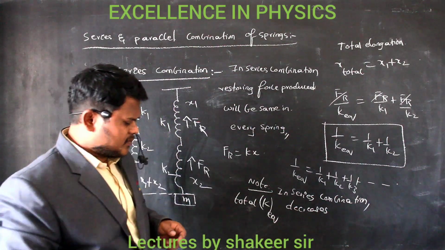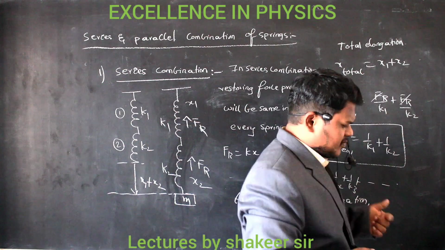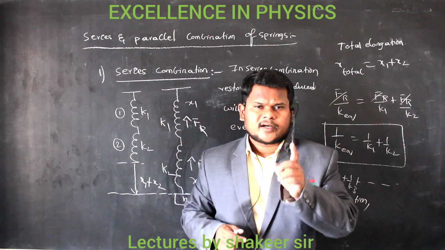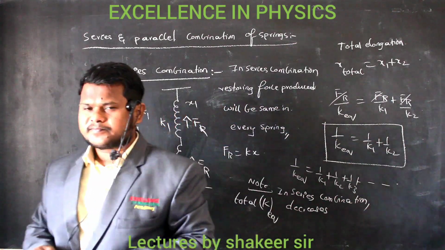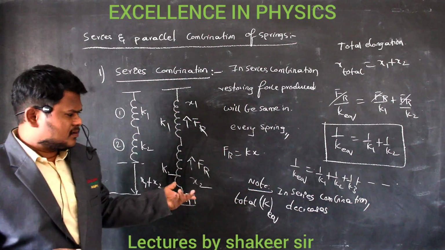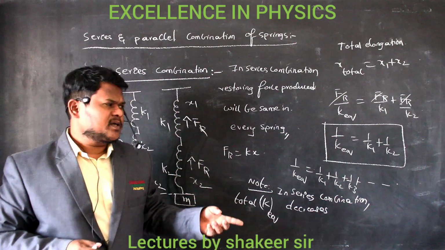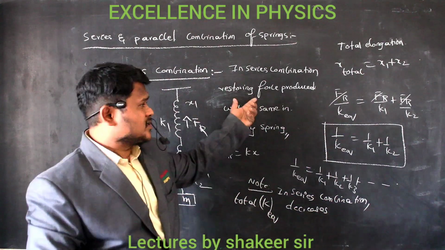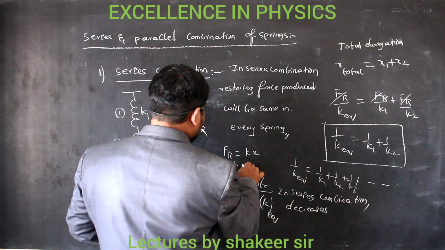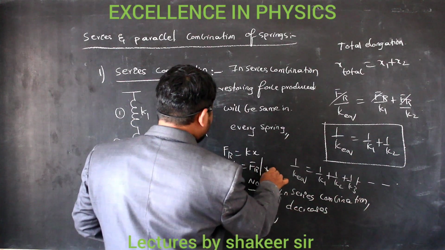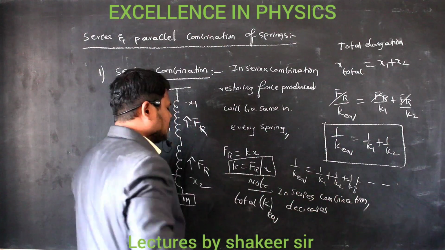Come on, think about this one. So definitely elongating two springs is easier. Why? Because k value has decreased, no? And what is meant by k value? We will write here. So k is nothing but Fr divided by x. What is meant by Fr divided by x?